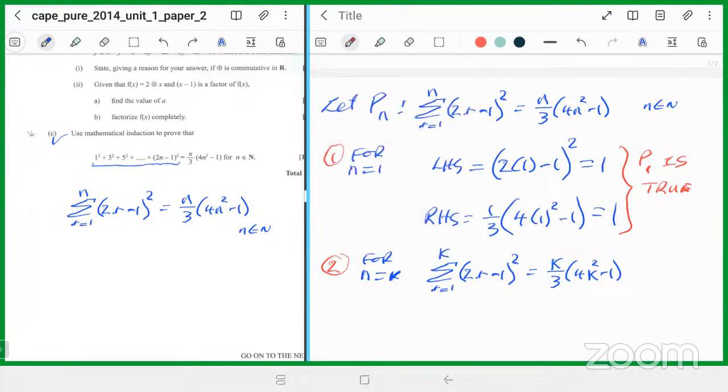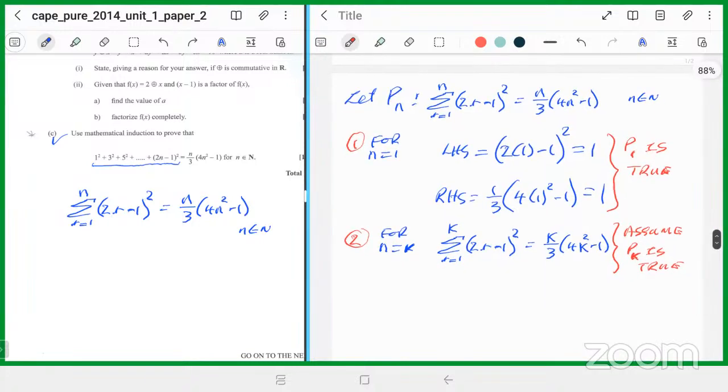Here we assume, to begin with, that Pk is true. That's the easy step, replacing the n with k. Then we'll come to step 3 now, which is the induction phase. This is where you do the work.